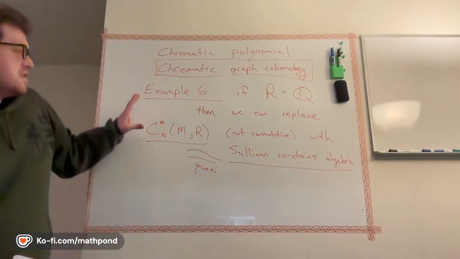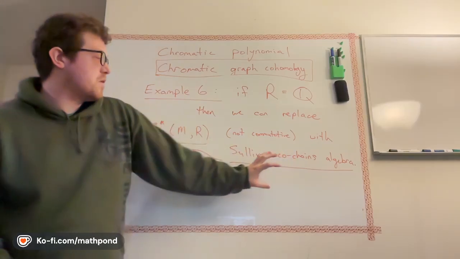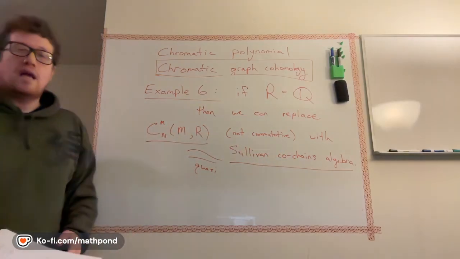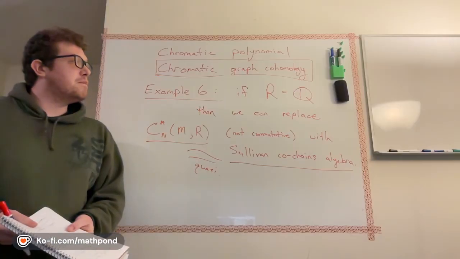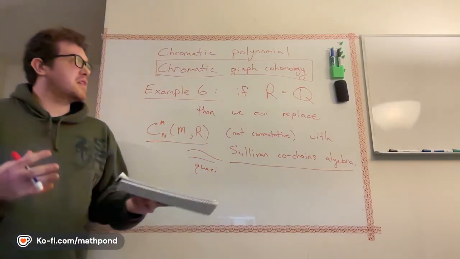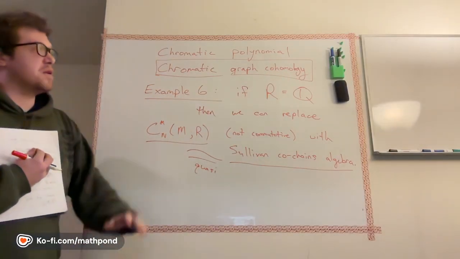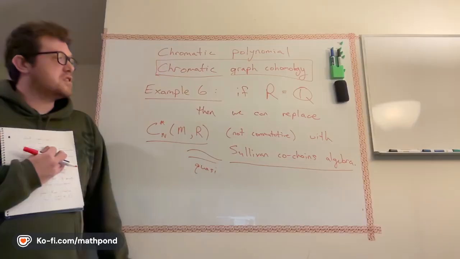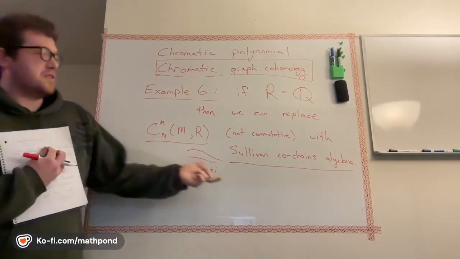So this thing is not commutative, and this Sullivan cochain algebra is a replacement for it that is commutative. Then you can run this whole process of creating the graph cohomology complex, and because everything's commutative, everything works out and the differential exists. So really the only problem is if we can't replace this with something commutative.